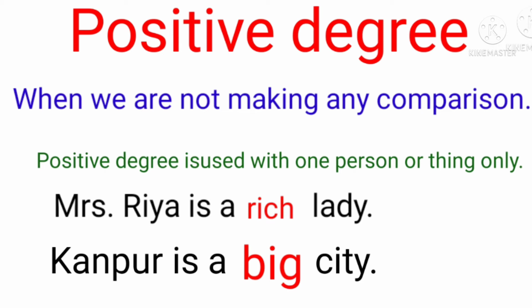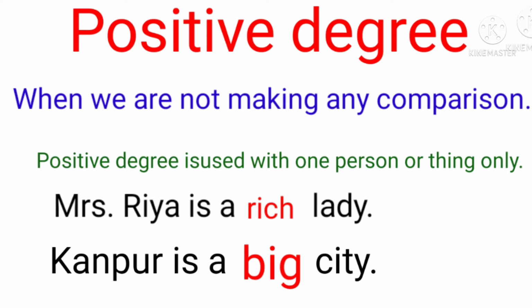So am I comparing Kanpur with any other city? No. It means we have not compared Mrs. Ria with anyone else and Kanpur with any other city. I hope this point is clear to you that we use the positive degree of an adjective when we are not making any comparison. So it is called the positive degree.